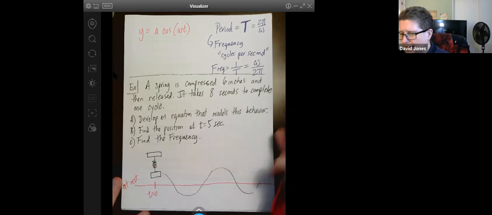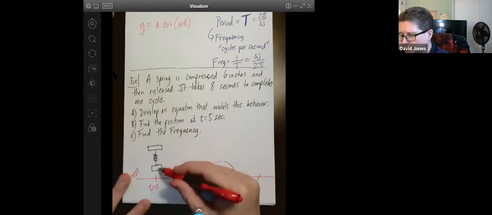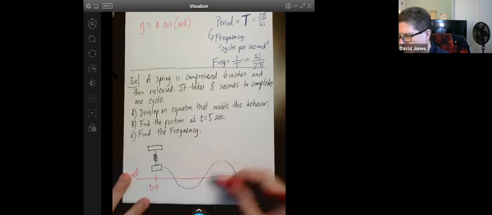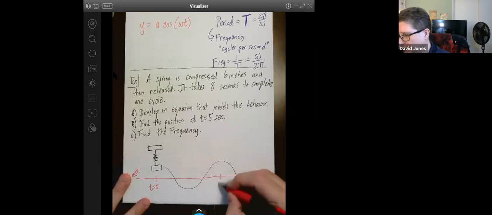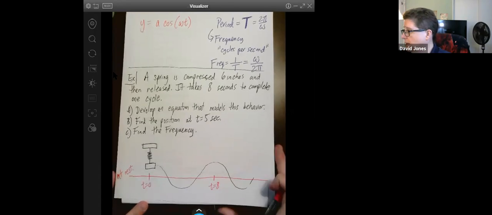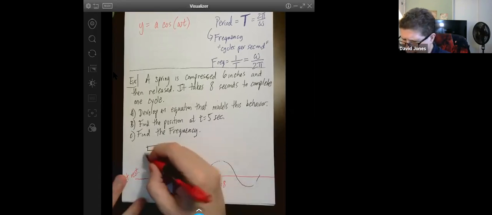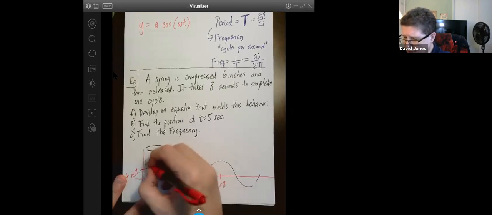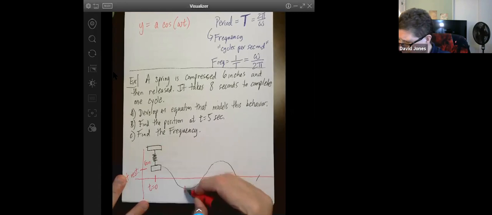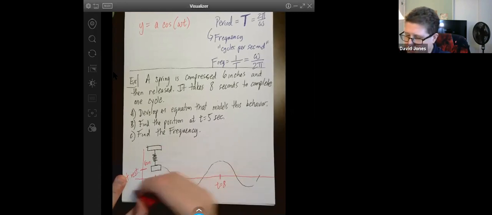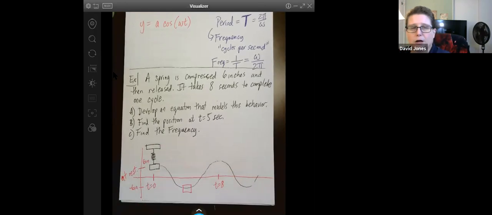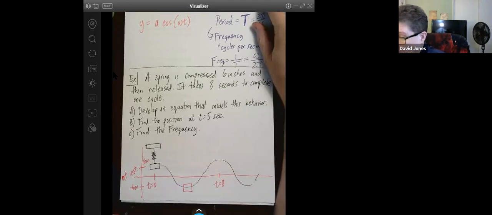And it tells me 8 seconds later it's completed one full cycle, which means it's gone down and it's gone back up. This is t equals 8. This vertical line here is 6 inches, which means when it gets down here, it's going to be -6 inches, assuming simple harmonic motion.